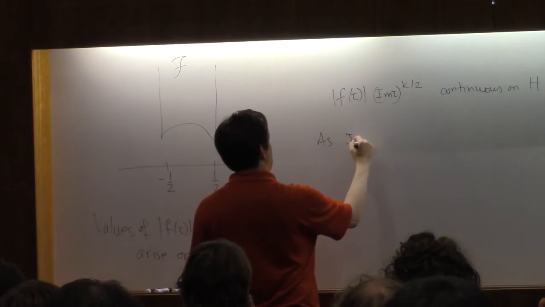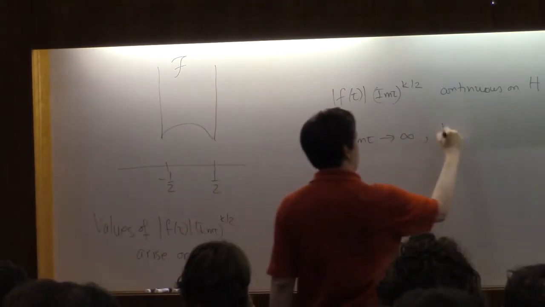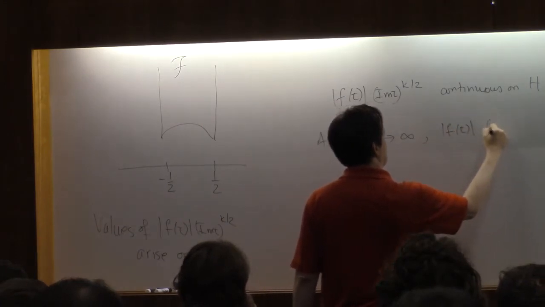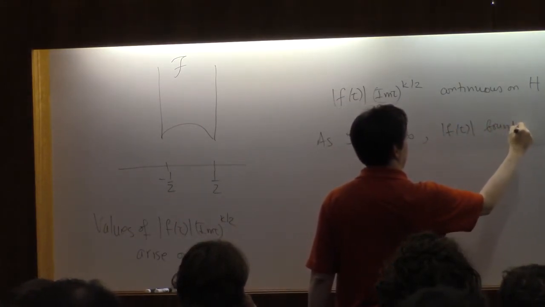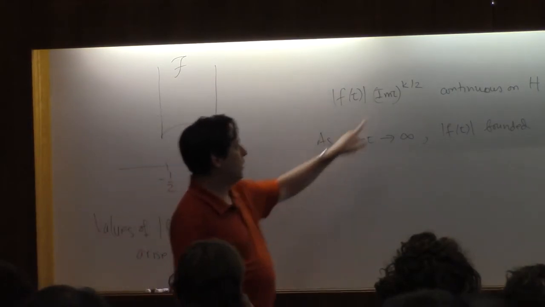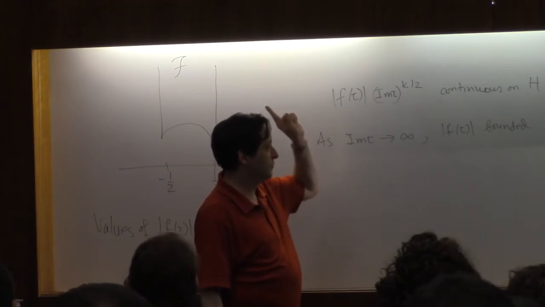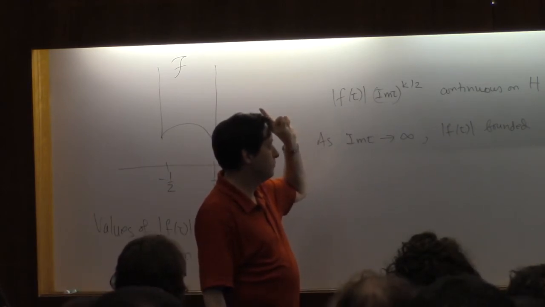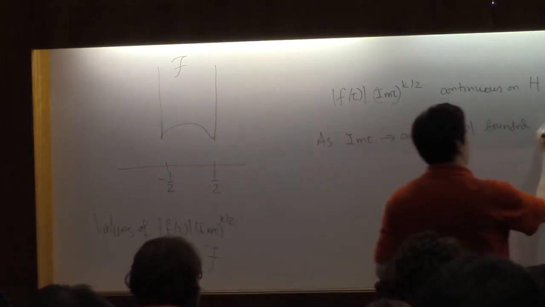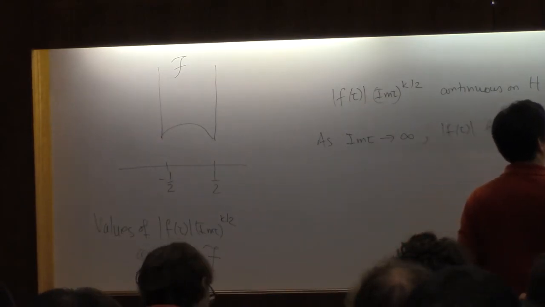As the imaginary part gets big, as tau goes to i infinity, we know that this part is bounded. In fact, it has an actual limit, since f is a modular form. And what happens to this expression? Remember, k is negative. It goes to 0.